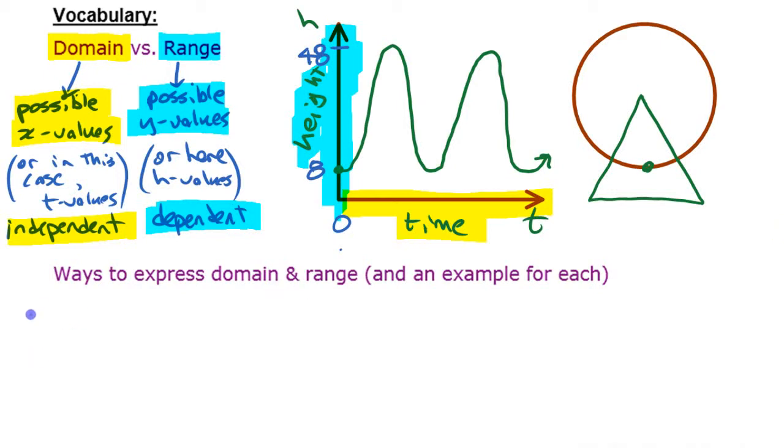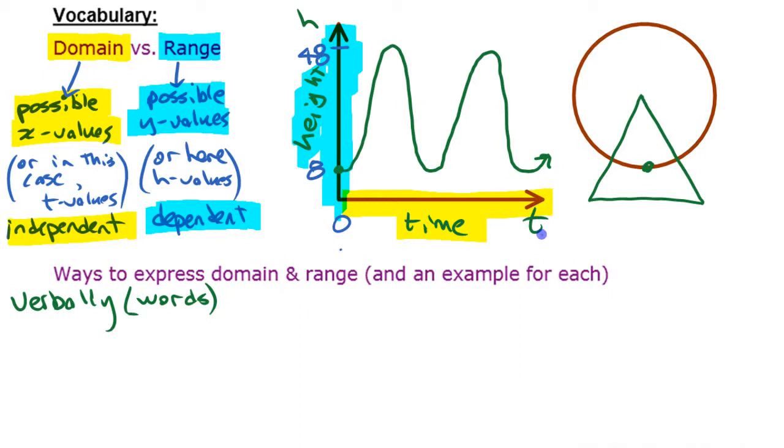The simplest way is with words, or verbally. In case you don't know what the word verbally means, I'm going to put with words. I'm going to do the domain for you, and then I'm going to ask you to do the range after to check that you're okay with what we're doing.